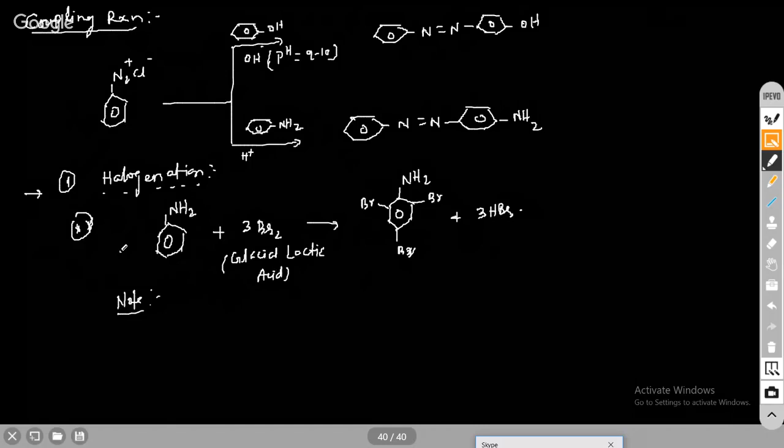Next line, write down: monochloro or monobromo derivative of aniline can be prepared if the NH2 group is first preserved by acetylation, on account of oxidation of NH2.